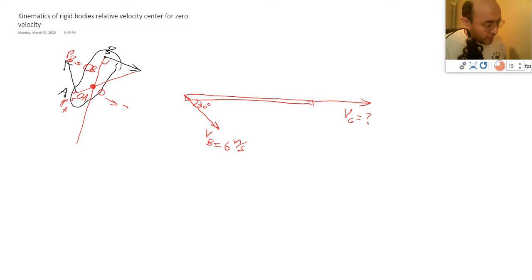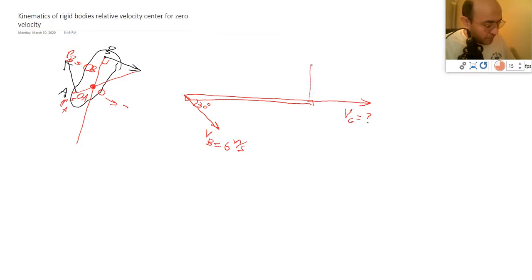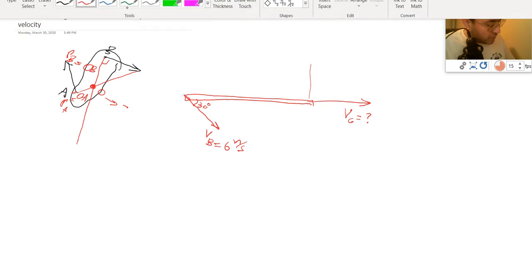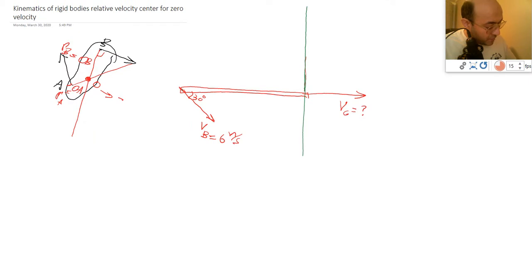In order to do that, you go perpendicular to each of those velocities. So I'm going to go perpendicular to the first velocity and perpendicular to the other velocity. Let me change the color so you can see it. The center would be somewhere on this line for C, because the velocity is in this direction, and for B it is somewhere in this direction.